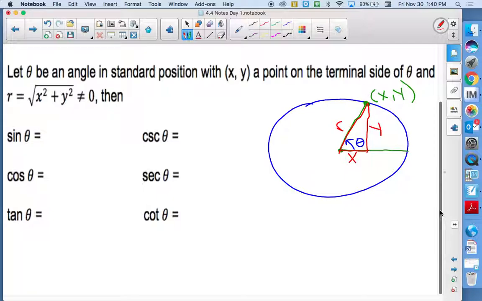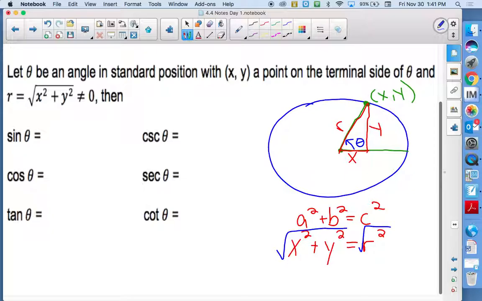Because the Pythagorean theorem says a squared plus b squared equals c squared. And once you add a squared plus b squared, you have to take the square root. Our a squared and b squared are x squared and y squared. Our c squared is r squared. So if we want to get r by itself, we have to take the square root. That's how that little formula is created. So the radius is equal to the square root of x squared plus y squared because of the Pythagorean theorem.